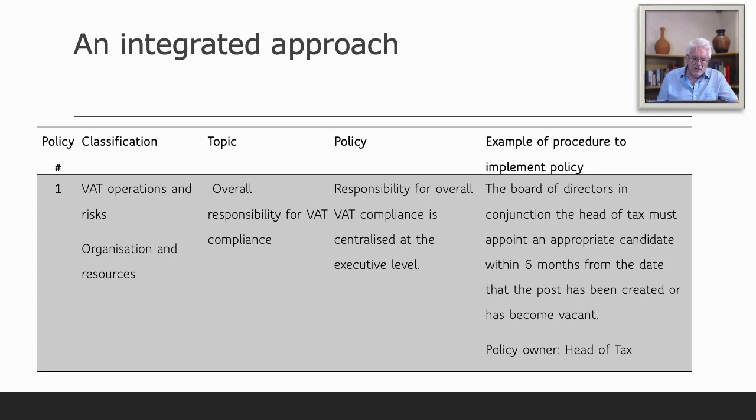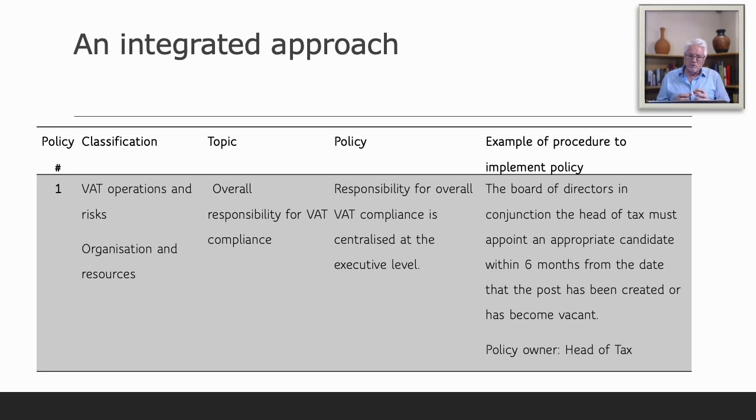What is the topic? Overall responsibility for the VAT compliance, an extremely important policy in an organization. Where does it stop? So the policy in this specific example is responsibility for the overall VAT compliance is centralized at the executive level. So that would normally be the tax executive for that level.